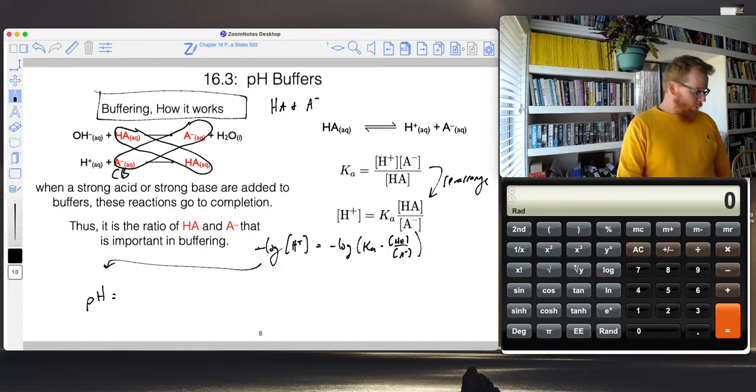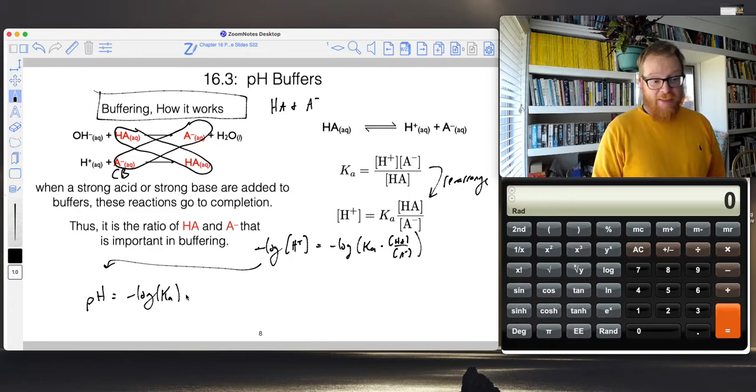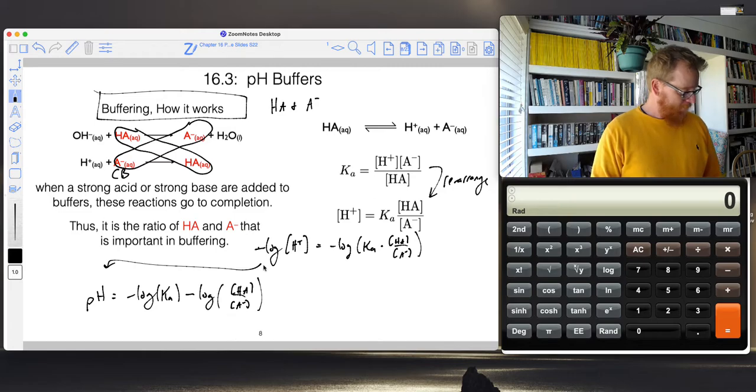And remember the log rules: when we have a multiplication inside a log, it becomes an addition. So we have the negative log of Ka, and then minus the log of HA over A minus.